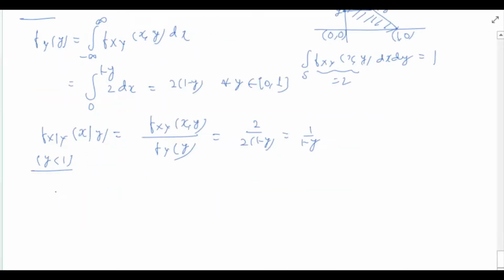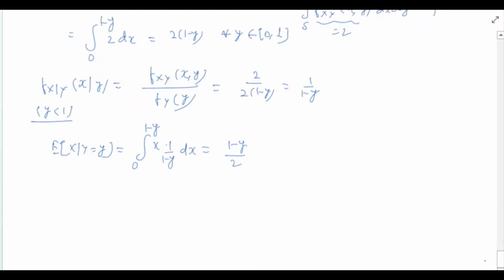Having defined the conditional density of x, we now turn to the conditional expectation of x given y equals small y, and this is simply the expectation with respect to the above defined conditional density. So it will be the integral of x times 1 over 1 minus y dx, and so this turns out to be equal to 1 minus y by 2. We can also write the conditional variance of x given y equals small y.